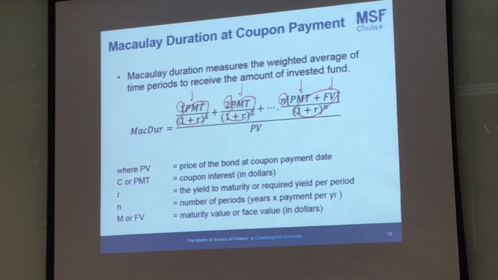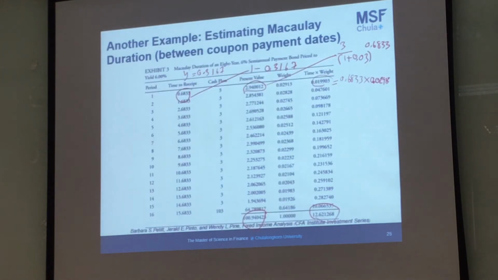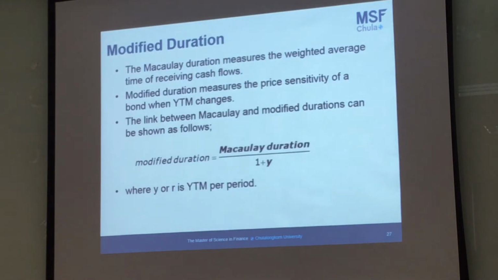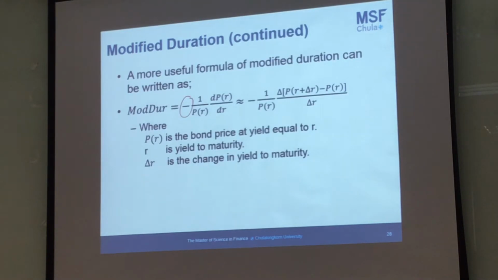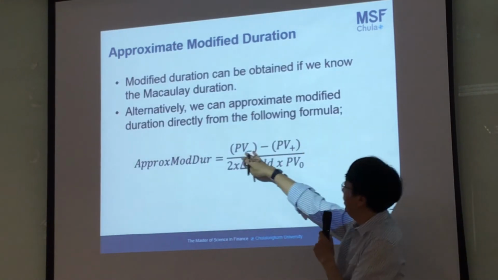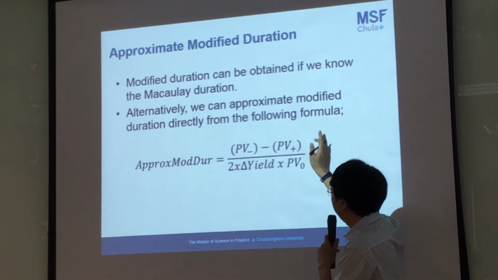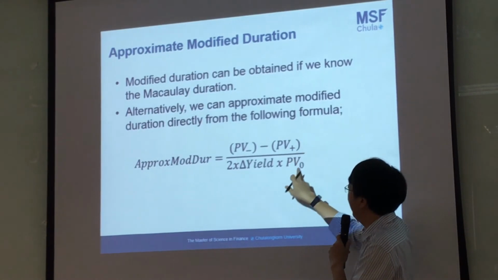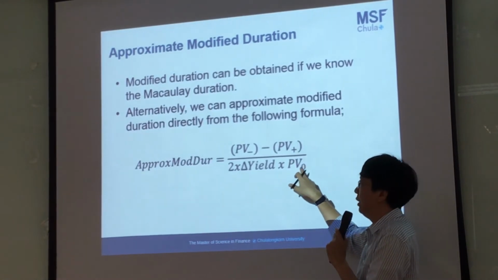I just want to show you that, based on the modified duration here, the modified duration by definition is delta P over delta R or delta Y, and then multiply by 1 over P again. So right now we approximate delta P and delta Y, and then we multiply by 1 over price, or 1 over PV again.